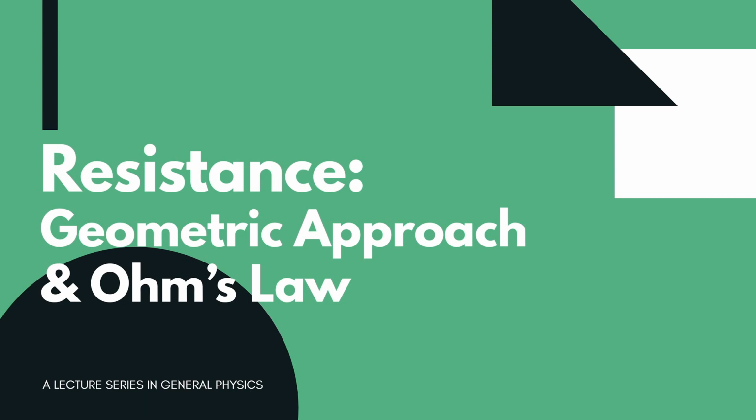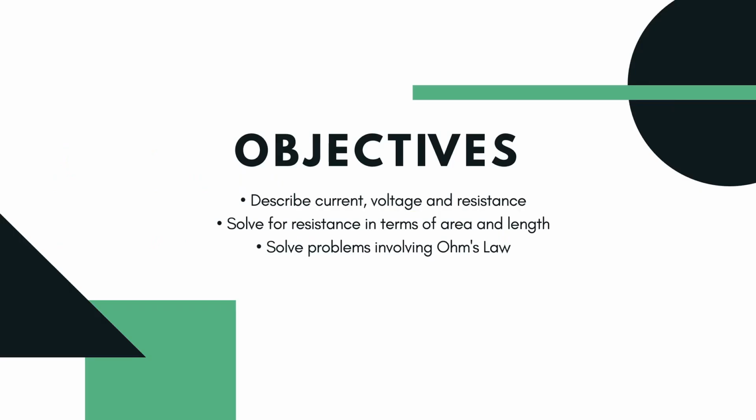So the values of resistors in a circuit in terms of the material being used, and of course its geometry, then at the same time its application on circuitry in general. So here are the objectives that we want to achieve.